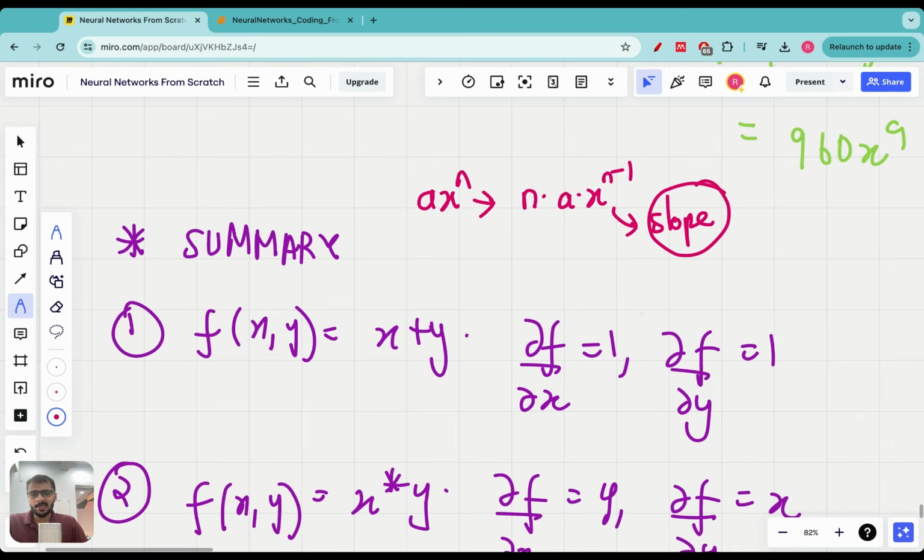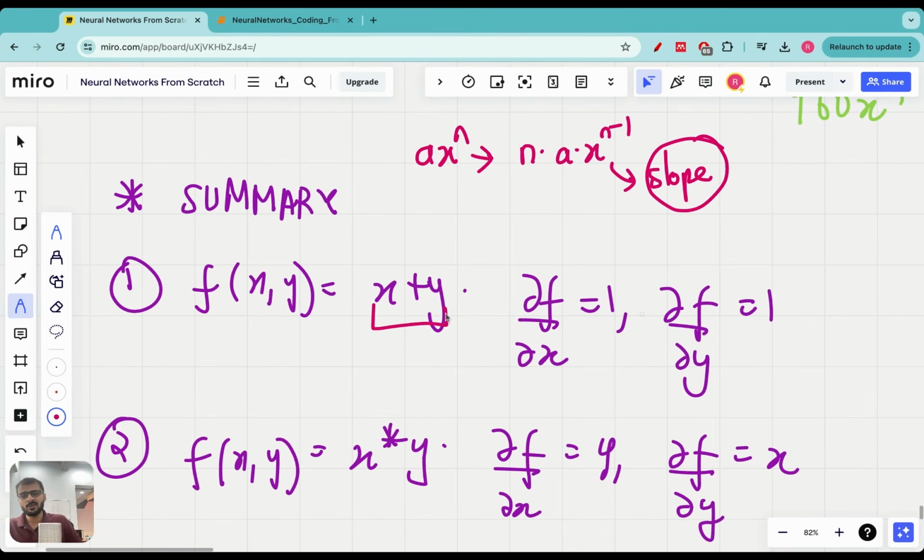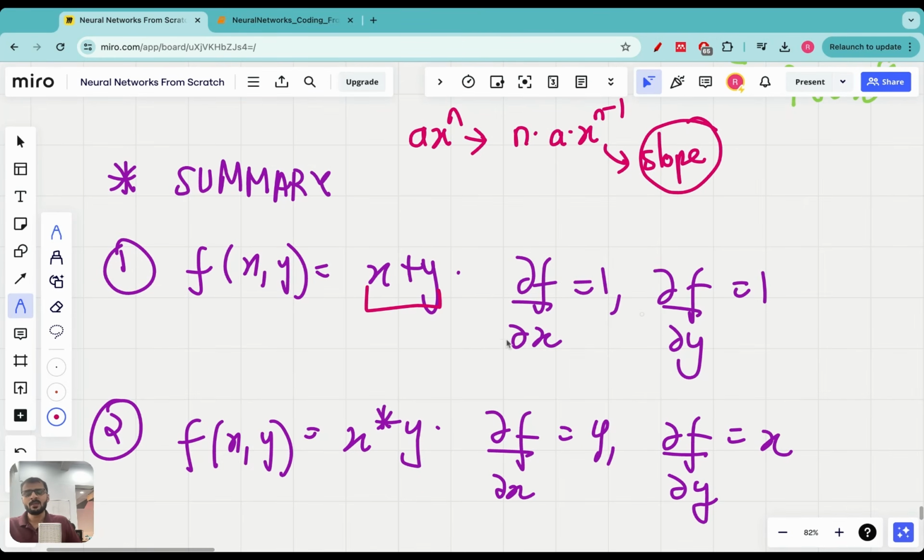Now, if we have function of multiple variables, such as this function here, we have to look at partial derivatives. The trick of partial derivatives is that when you take partial derivative with respect to one variable, the other variable can be imagined to be constant. So dou f by dou x, which is the symbolic representation of partial derivative of f with respect to x, will just be derivative of x with respect to x. So this will be 1, and dou f by dou y will be also equal to 1.